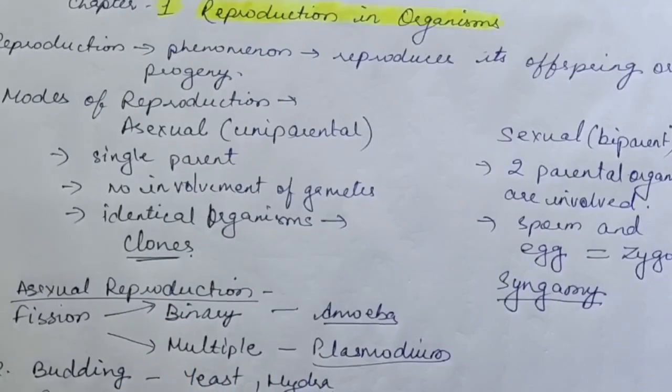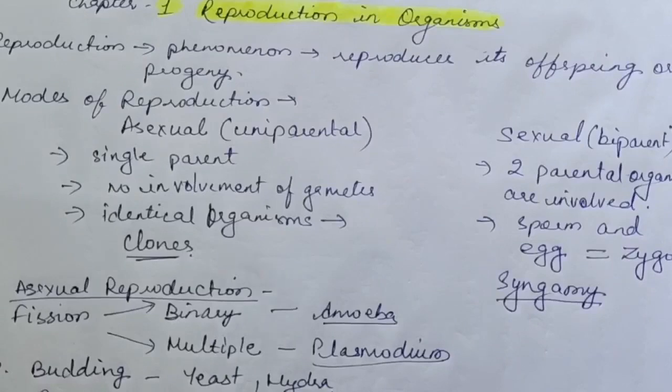Third is fragmentation. Fragmentation means the breaking of the organism's body into smaller fragments, which we can see in Spirogyra. Next is regeneration. Regeneration occurs in unicellular animals like planaria.